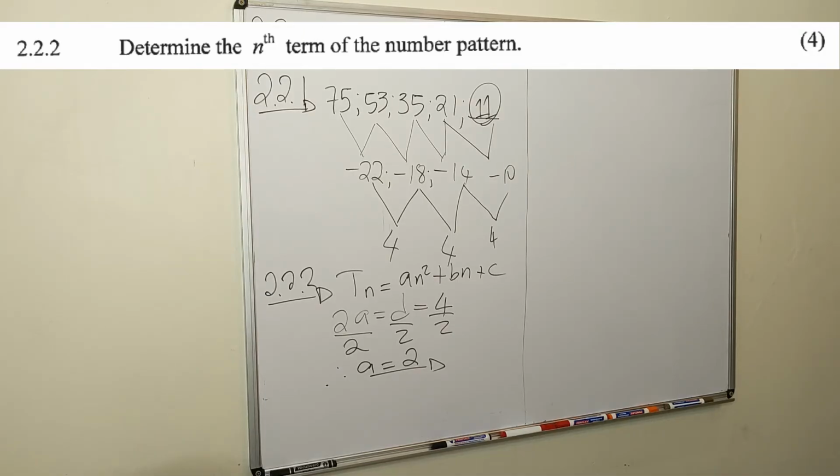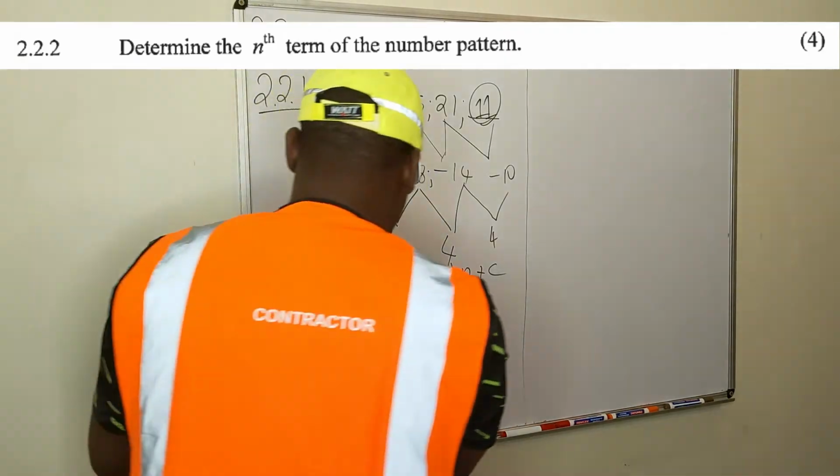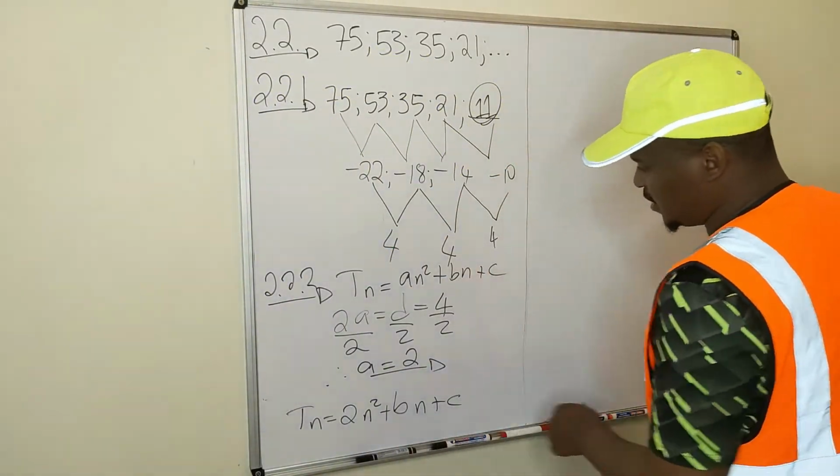Now we can say our Tn is equal to 2n squared plus bn plus c. So we're only missing the b and the c now. How do we find b and c?